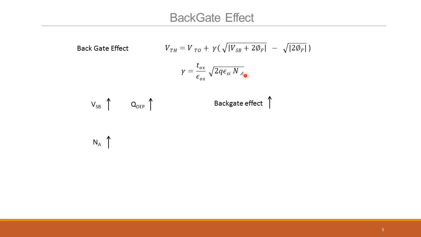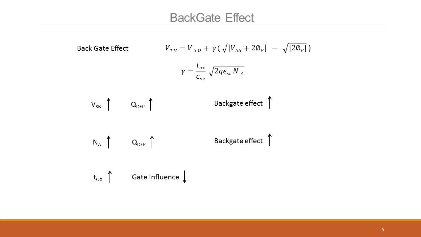If you increase Na, the substrate doping profile, again Q depletion increases. Remember we said that, right? The more the doping, the more the depletion charge. Remember the PN junction? So if you increase Na, the Q depletion increases, backgate increases. You can see that if you increase Na, gamma increases, and the impact on VTH increases with increasing VSB.